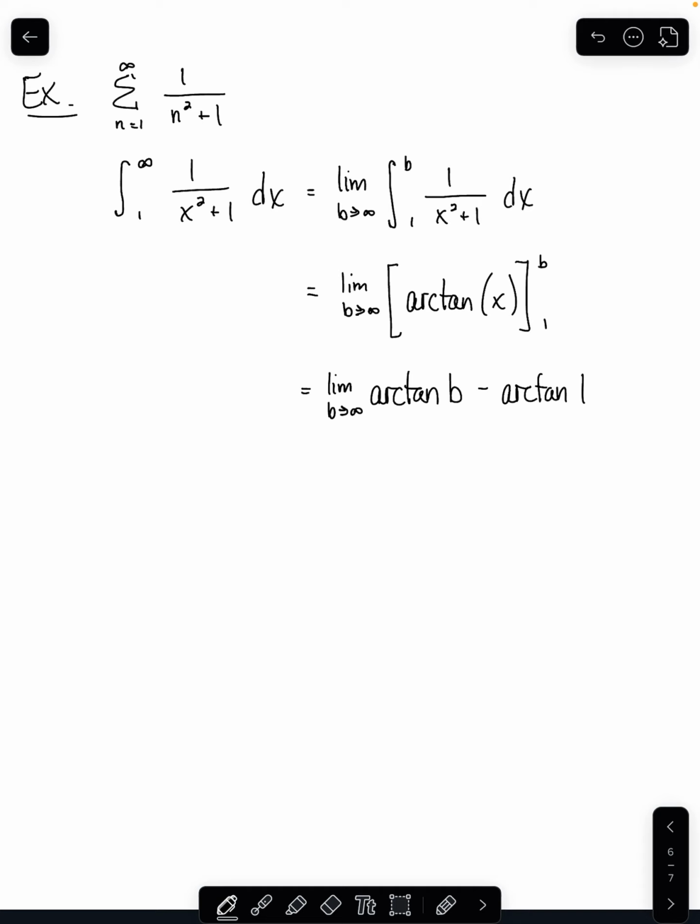Now, as b goes to infinity, the arctangent will approach pi over 2. And the arctangent of 1 is simply a constant. So it's not a matter of approaching, it's actually equal to pi over 4.